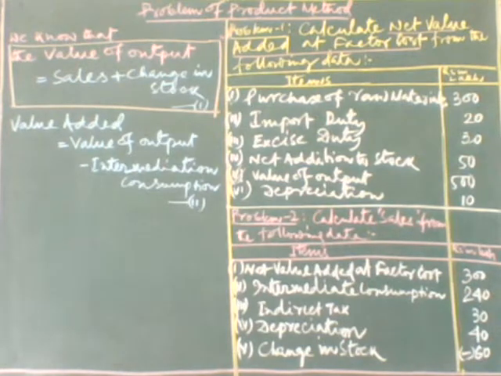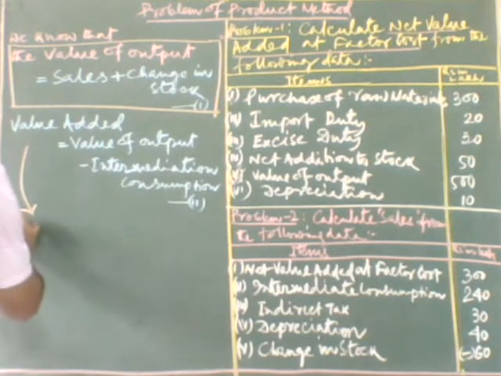So from formula number 2, value added means the gross value added at market price.